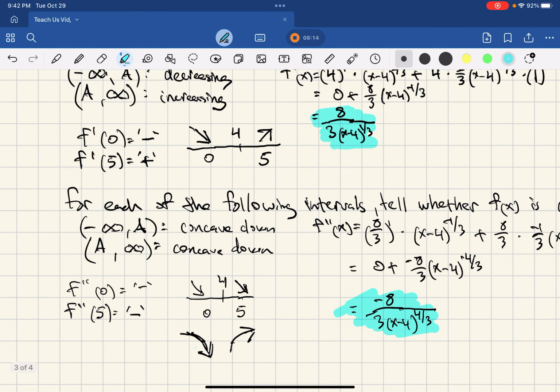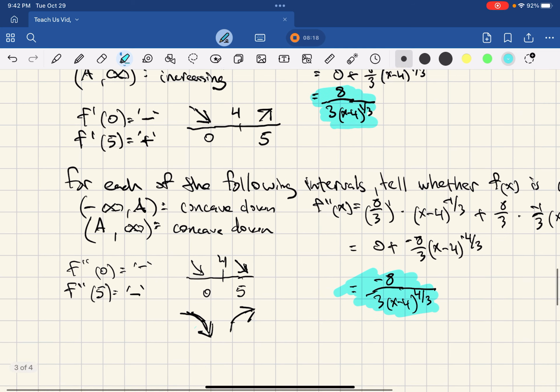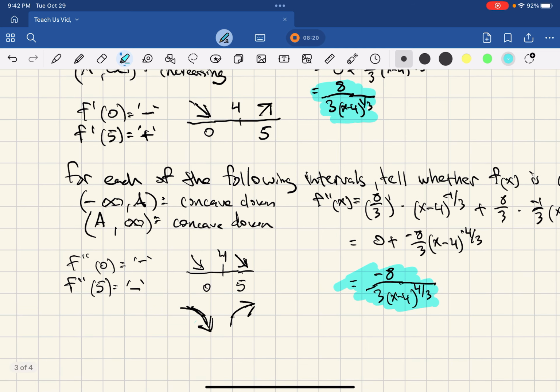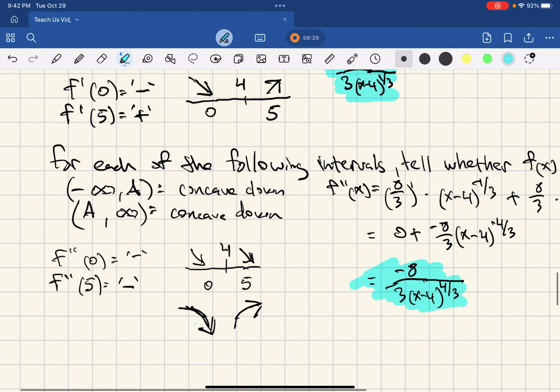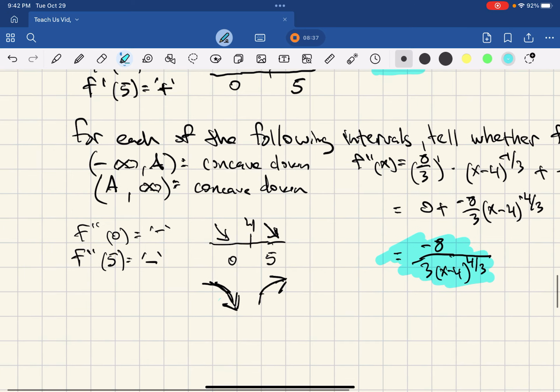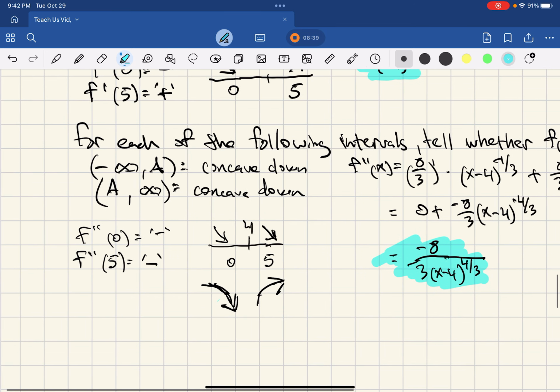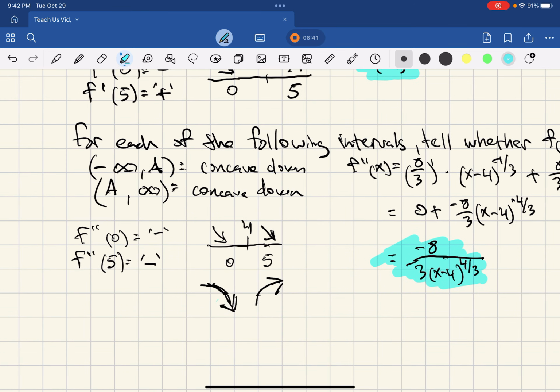But we also need to keep in mind that if our first derivative is increasing but our second derivative is negative, we get a concave down shape, but instead of it moving downwards, it moves upwards. So I'm going to highlight what the concavity looks like here.